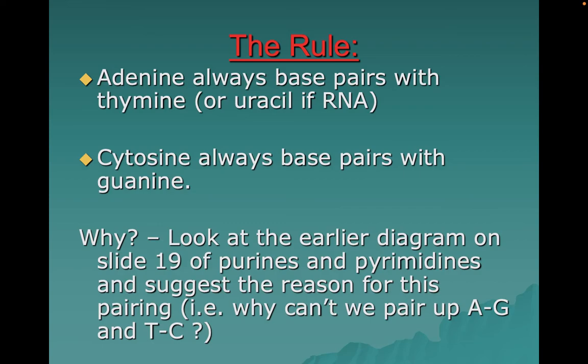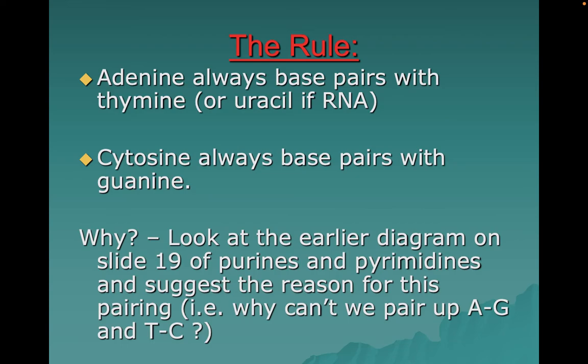Well, again, this question, why, at the bottom of the slide, is distinction level information. So if you're finding it hard as it is, remember you don't have to talk about purines and pyrimidines. But those of you who aim for distinction grades, you might want to consider this question.